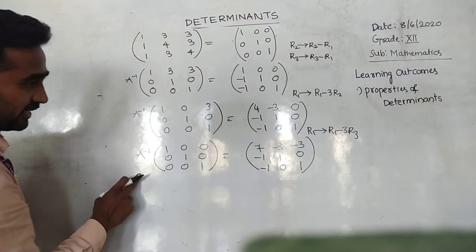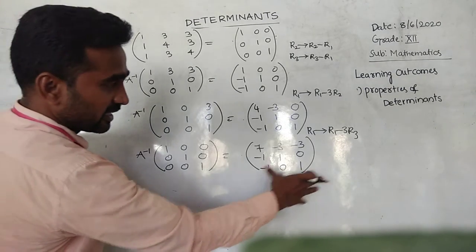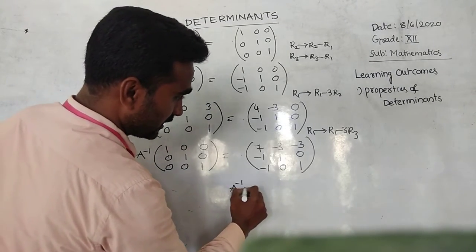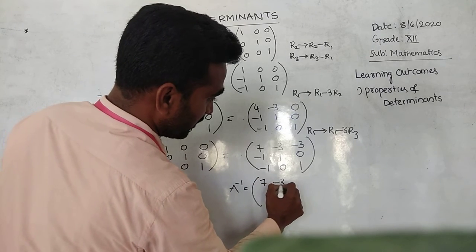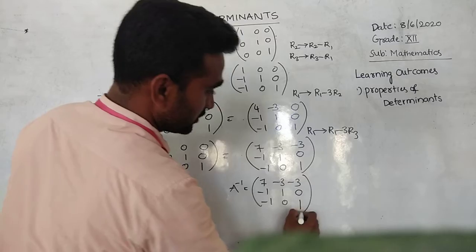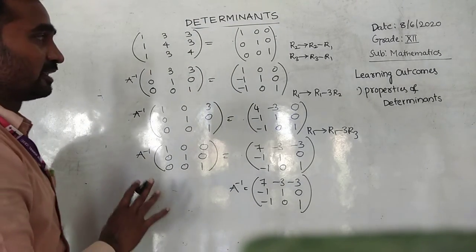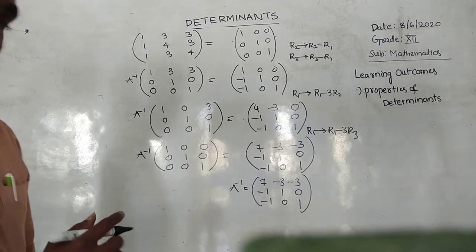See here, A inverse into I is equal to this. So the remaining matrix is A inverse. A inverse is [7 minus 3 minus 3; minus 1 1 0; minus 1 0 1]. This is the way how to find the inverse matrix of a 3 by 3 matrix by using elementary transformation.